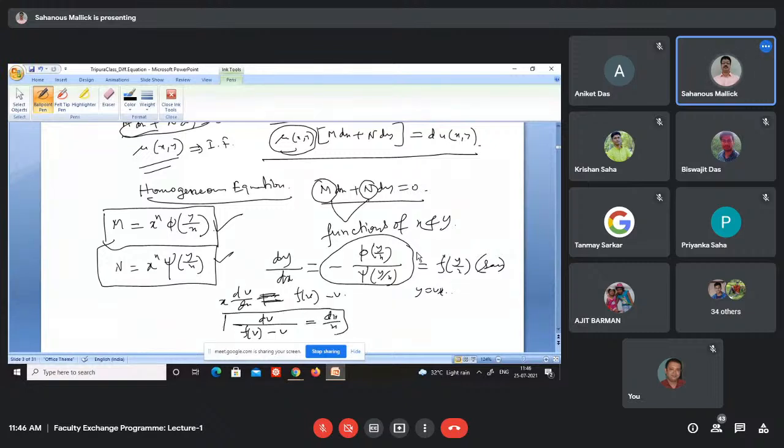We can integrate this, so we can find the solution of this equation. So in the homogeneous equation, we generally substitute y equal to vx, or in the reverse case x equal to vy.